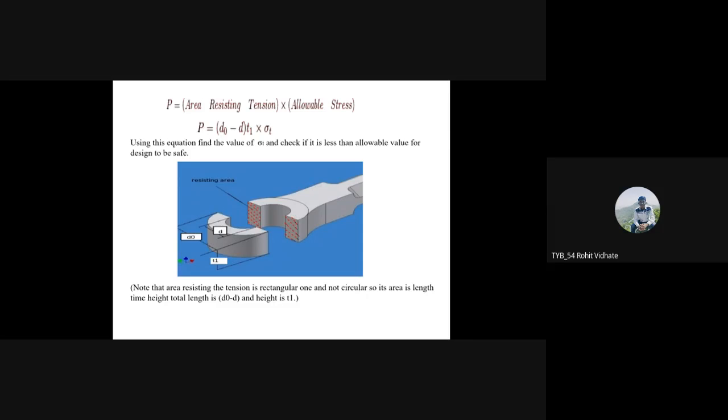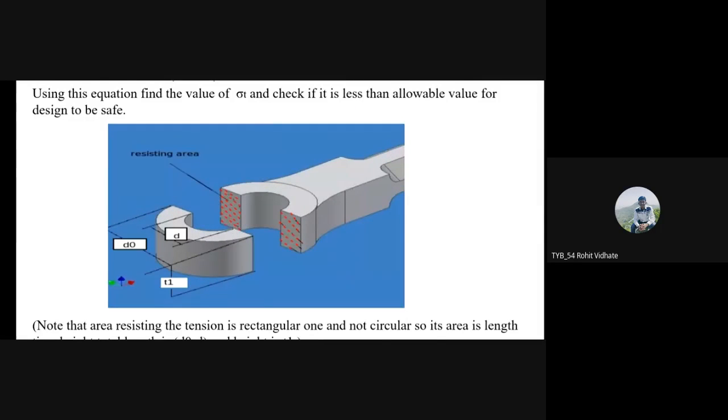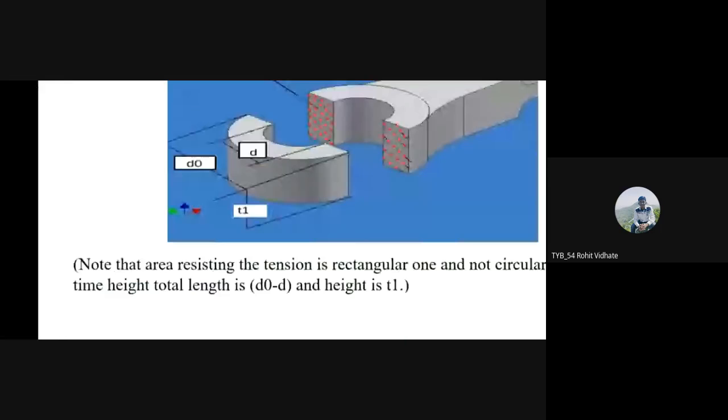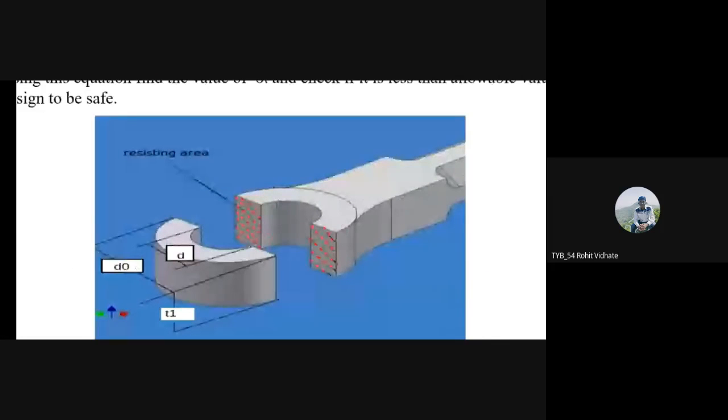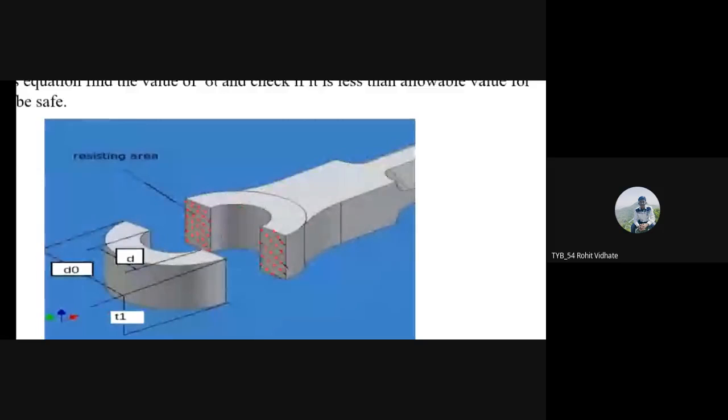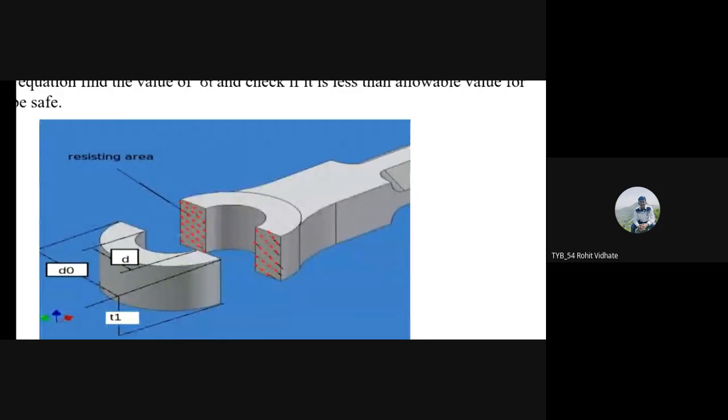But a simpler way: can we calculate the distance that gives the total horizontal length of that area? If we do d0 minus d, we get the total length of that area, and the height is t1.